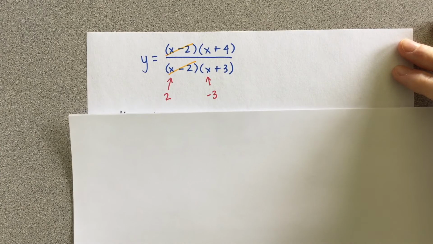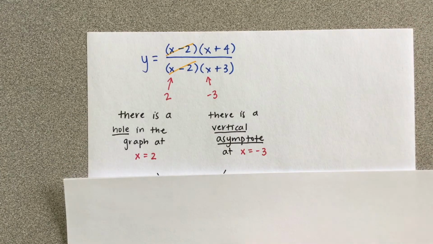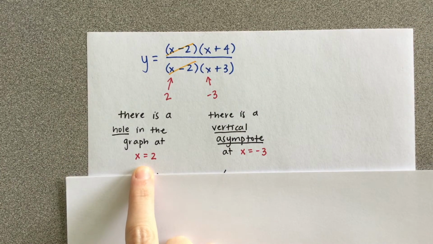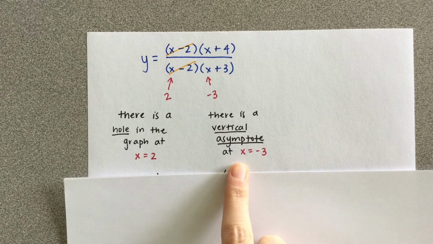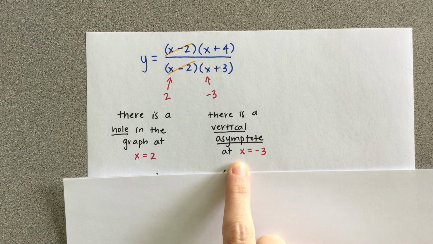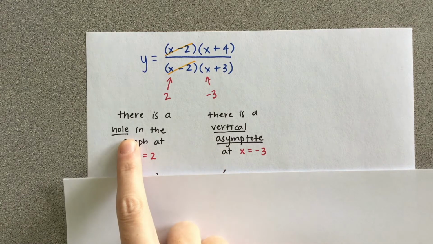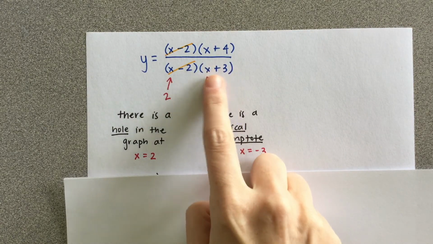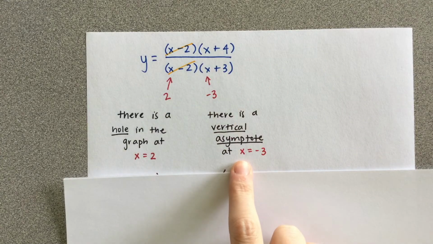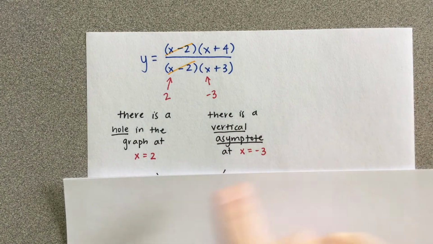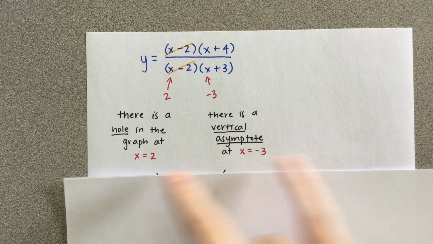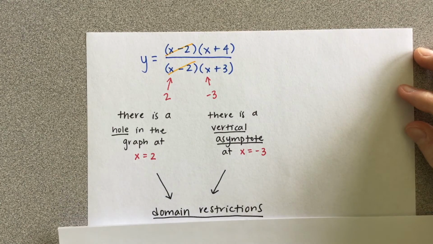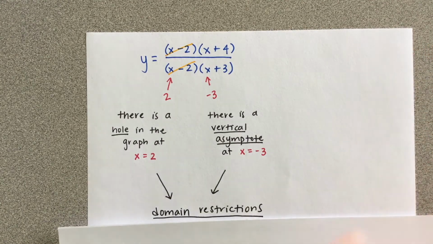From the graph, we just saw that there is a hole at x equals positive 2, and there is a vertical asymptote at x equals negative 3. So the hole was created by the factor that canceled out. The factor in the denominator that did not cancel out created the vertical asymptote. Together, holes and vertical asymptotes are referred to as domain restrictions.